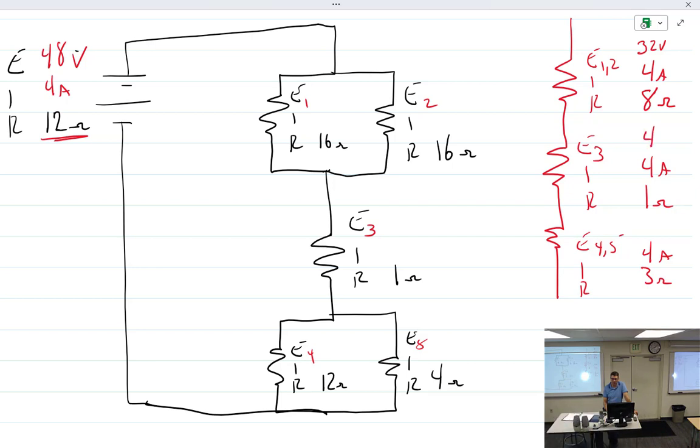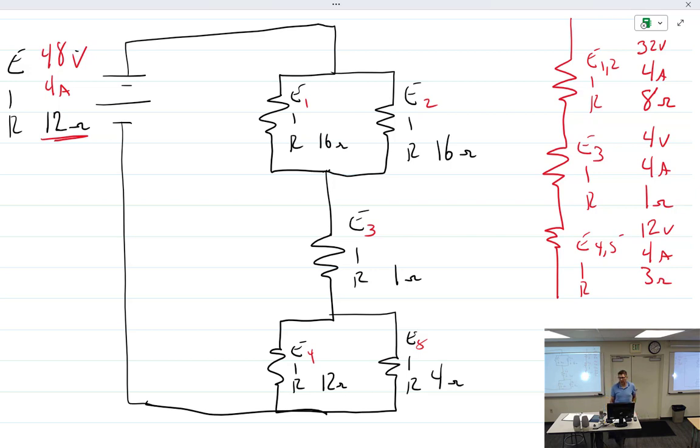I times R is 4. And voltage drop here, 12. So you got 12. That adds up to 48. So that checked out.